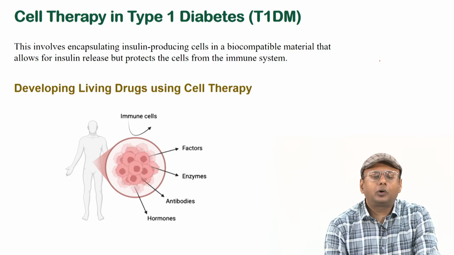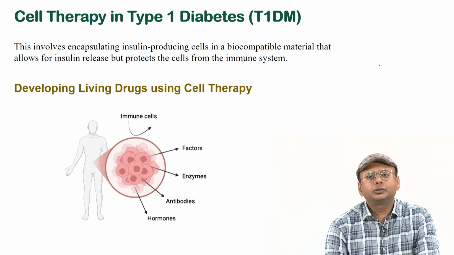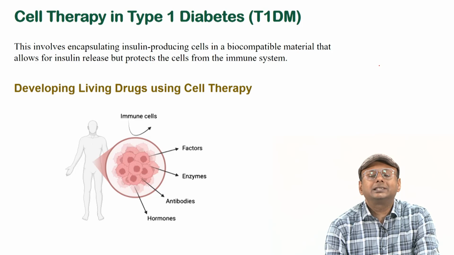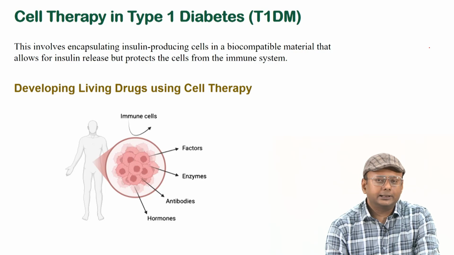So what can be the modern approach, right? As we said, pancreatic islets can eventually be given to the patient. But the problem is you don't have sufficient pancreatic islets. Why? Because there is not enough awareness to donate our pancreas. So either we are unable to get the whole pancreas, or even some amount of pancreatic islet cells.